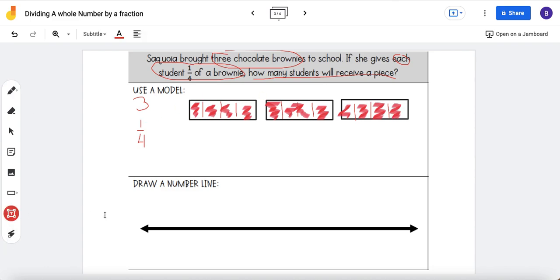So by breaking the brownies into 1/4, that means we will have 12 total pieces to hand out. So 12 students will receive a brownie.